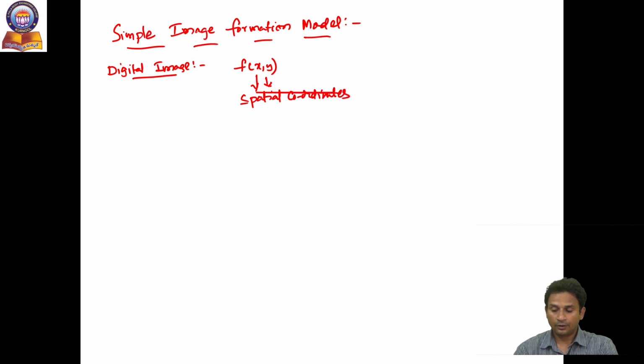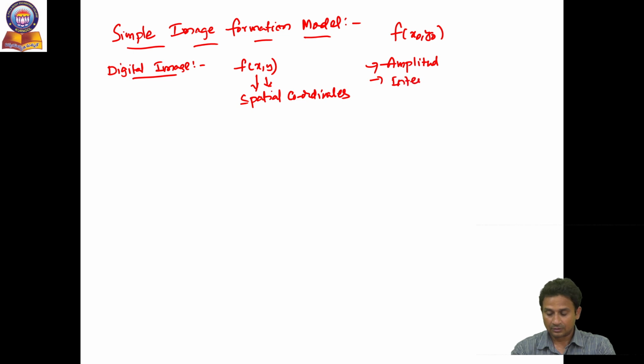The value of f at any pair of coordinates x naught, y naught is called the amplitude or intensity or gray level.